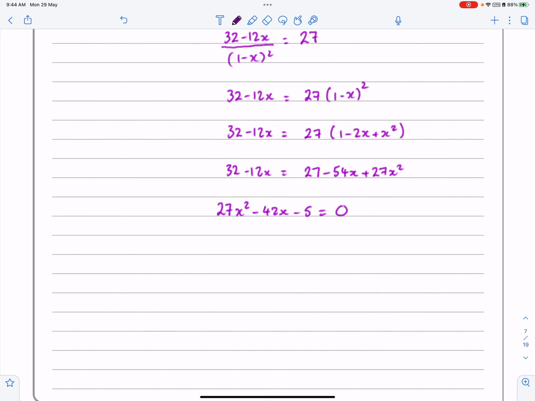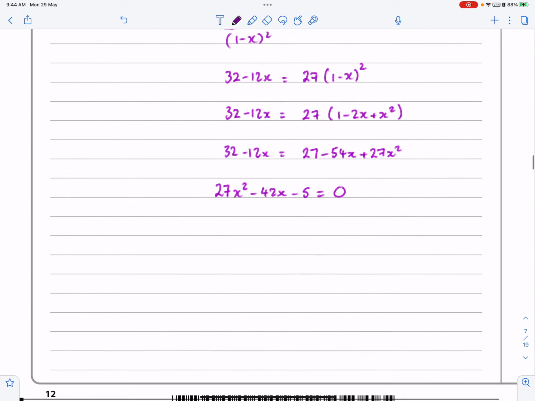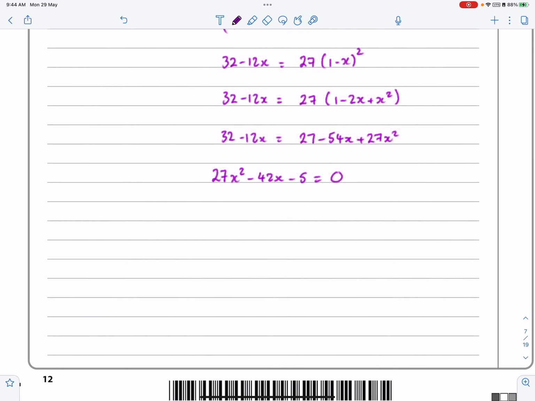Now when I get to this stage, they do a couple of tricks here. Sometimes everything will divide by 5 or by 3 or by 6 or something like that, or it can just factorize out. So I'm looking to see if I can factorize it. Now, you can always stick it into the formula if you want to. I'd suggest you don't. I'd suggest you try and get really good at your quadratic factorizing. It's an IGCSE skill, isn't it?